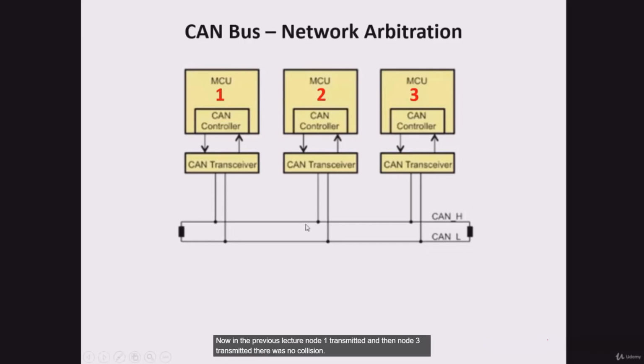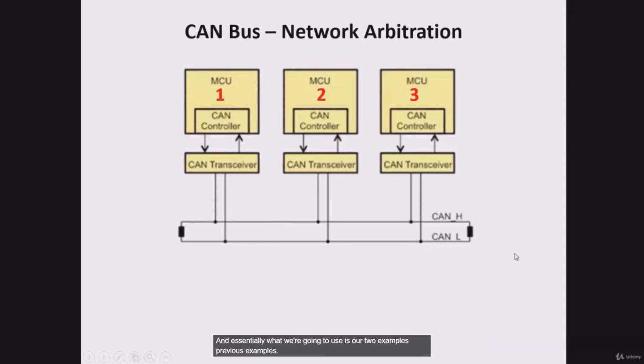An example from the previous lecture is where we had node 1 and node 3. Now in the previous lecture, node 1 transmitted and then node 3 transmitted. There was no collision. In this one, we're going to create a scenario where number 1 and number 3, both of these nodes, they both check the bus at the same time, see it's idle, and then they both transmit at exactly the same time.